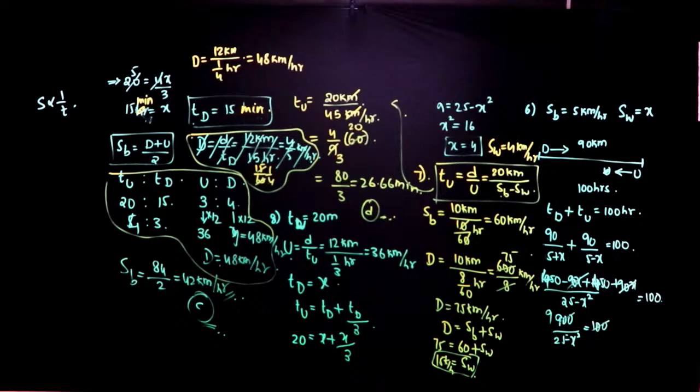Let us consider time taken during downstream as X. TU is given as 20 minutes. So 20 equals X plus X by 3, which is 4X by 3. 4X by 3 equals 20. Cancelling, 5 into 3, 15. So X equals 15 minutes. What is X? Time taken during downstream. TD is equal to 15 minutes.